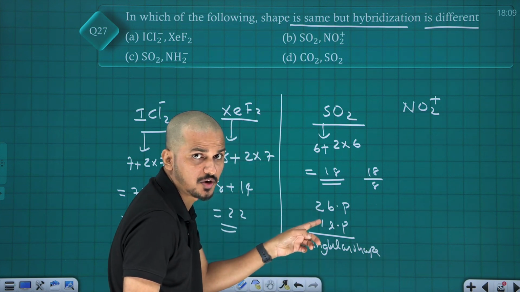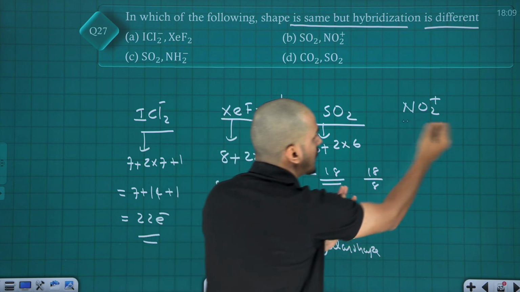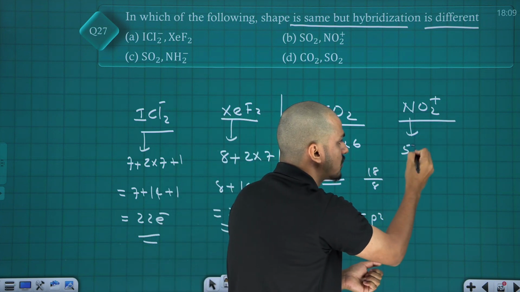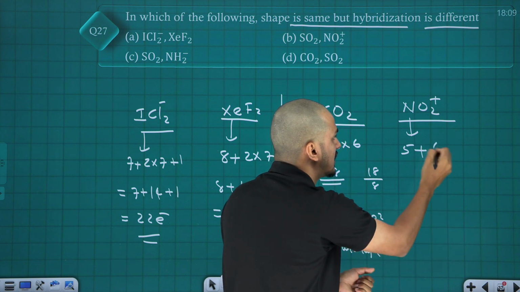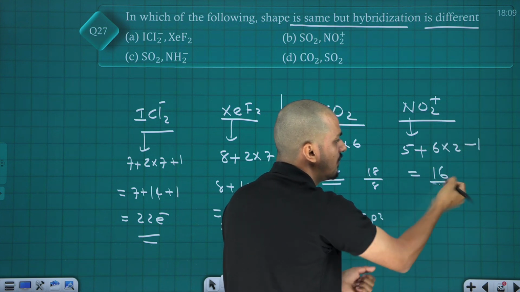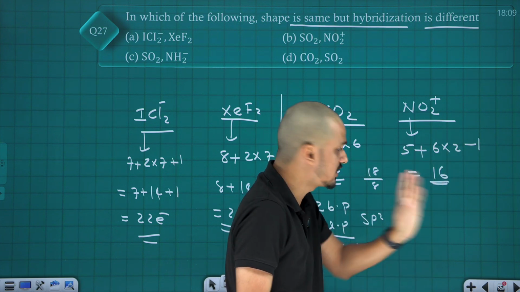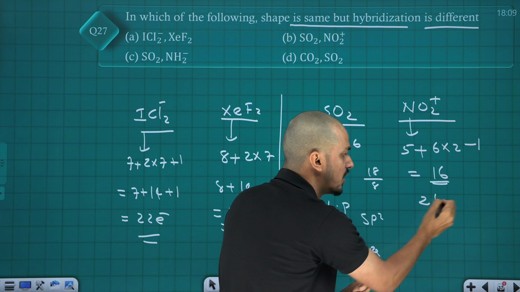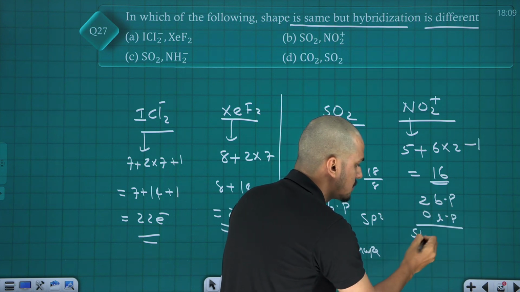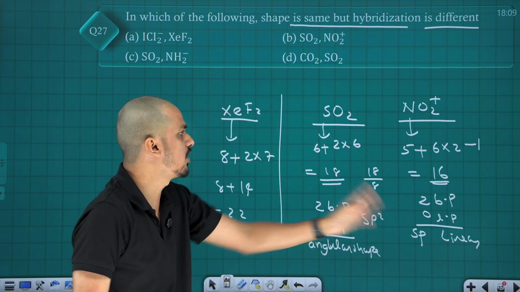Bond pair plus lone pair you have to add, so total 3. 3 means sp2 hybridization. What about NO2 plus? Nitrogen valence electron is 5, oxygen is 6 into 2, plus means minus 1. So 5 plus 12, 17 minus 1, total 16 valence electrons. 16 valence electrons means 2 bond pairs, 0 lone pair. So hybridization is sp, linear shape. Shape is not the same and hybridization is also different.